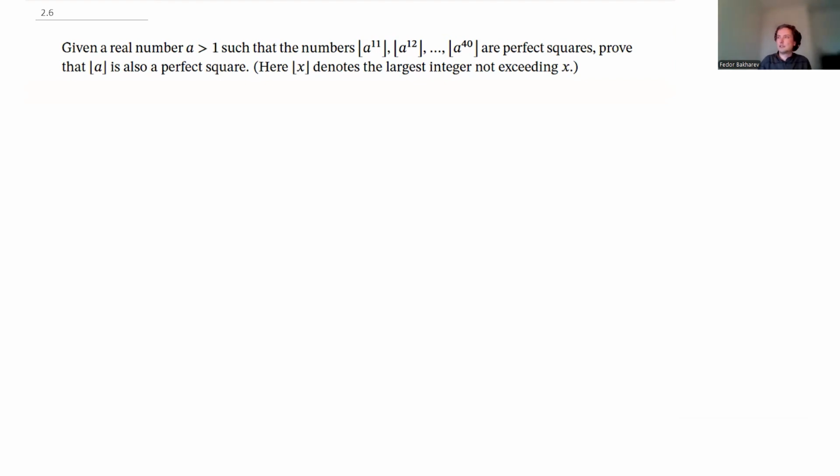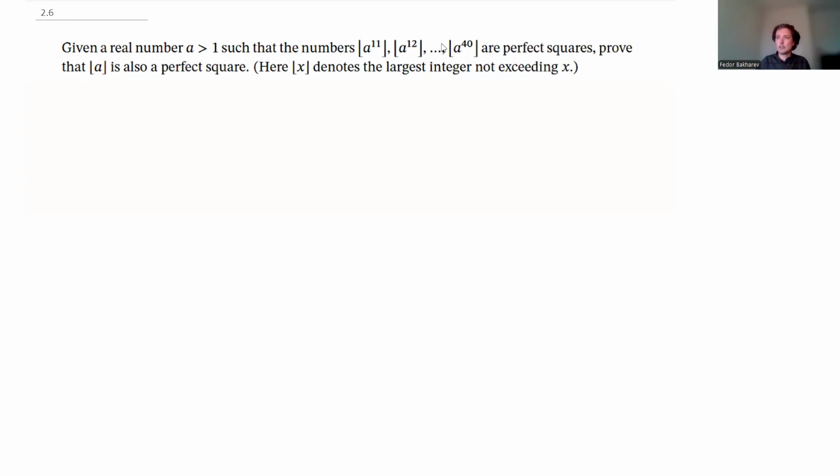And the idea here is to simplify this a little bit. So here we have a quite long list of perfect squares, but it's not clear how to work with this, and the idea is to try to simplify this problem and the situation.